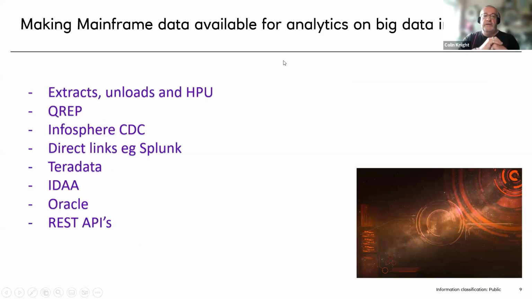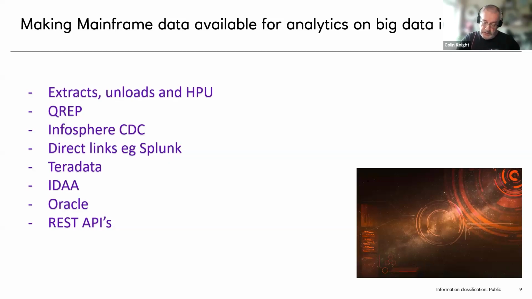So how do we in NatWest actually make that mainframe data available in a big data environment? Traditionally and for many years, we've done extracts and used simple unloads, and more recently we use the high performance unload, HPU, and that works and it's quite cheap, and that's good.